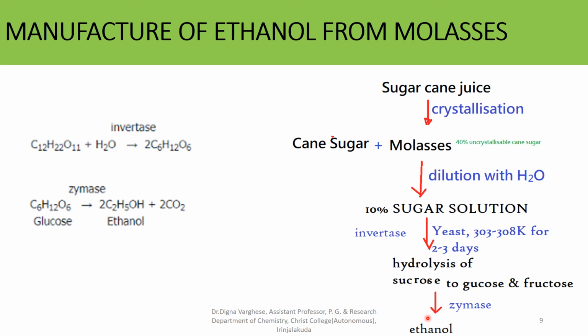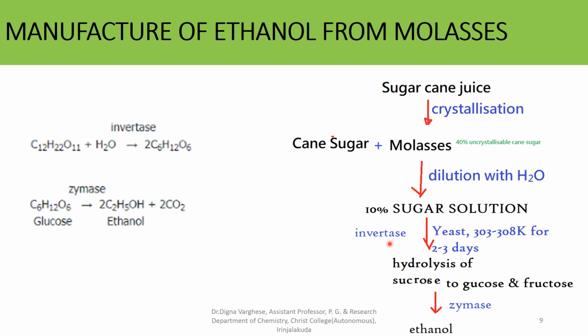Manufacture of ethanol from molasses. Here you can see sugarcane juice undergoes crystallization and forms cane sugar and molasses. Molasses is the mother liquor left after the crystallization process. It also contains 40% uncrystallizable cane sugar. It is again diluted with water, and we will get a 10% sugar solution. To this, yeast is added at 303 to 308 Kelvin for 2 to 3 days.